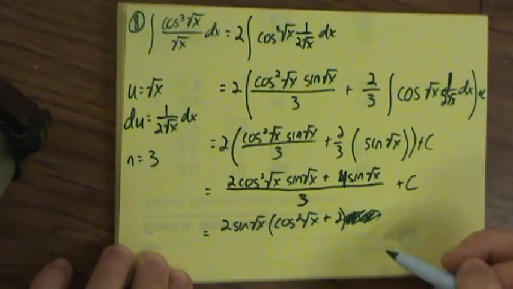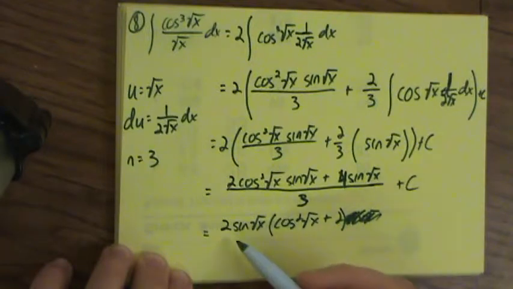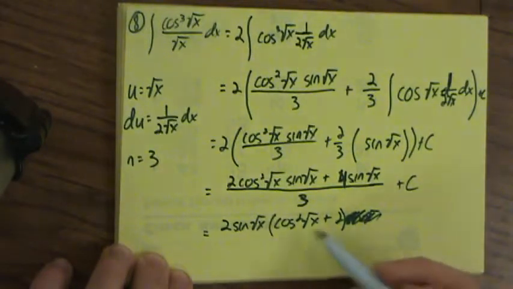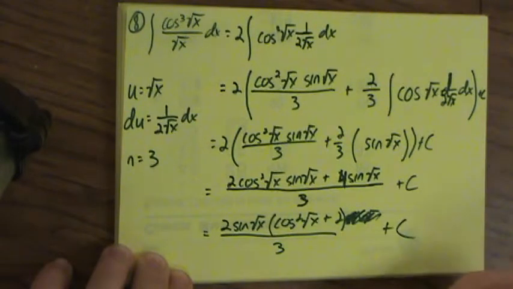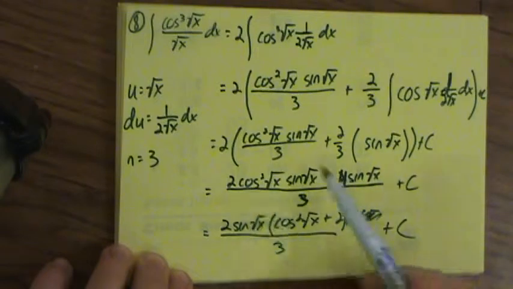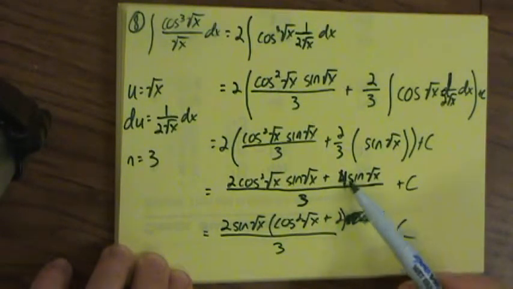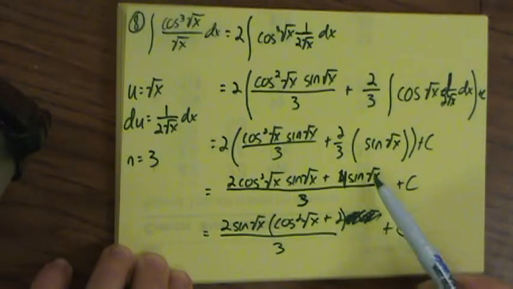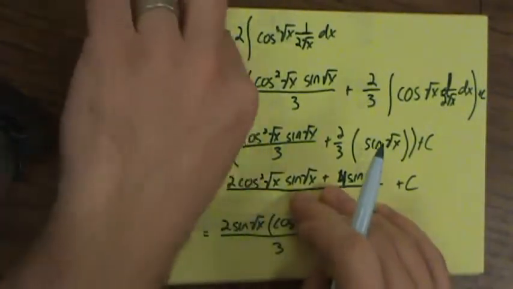So I just have a 2, and let's see, we could write this all over 3, or just over 3, it doesn't really matter, but over 3 plus c. Okay, so that last step I just factored out a 2 sine root x. So factor out a 2 sine root x, you're left with cosine squared root x. Factor out a 2 from the 4, you're left with 2. Factor out a sine root x from the sine root x, and you're left with 1, so you just have a 2 left. Okay, over 3. Alright, so that's number 8.